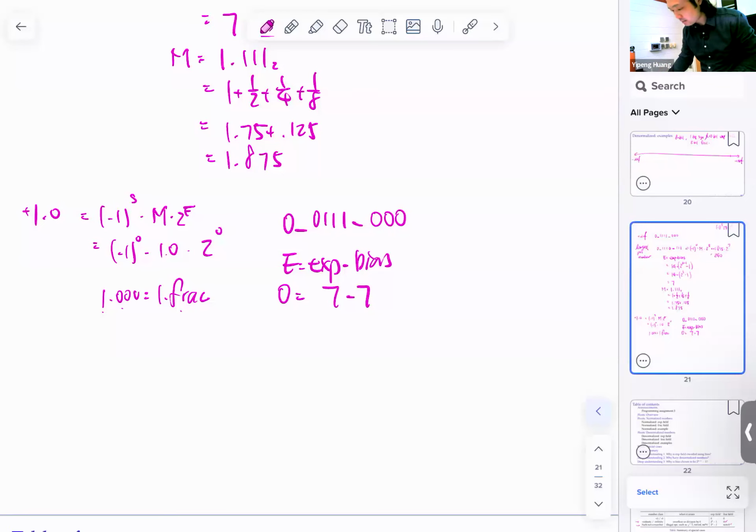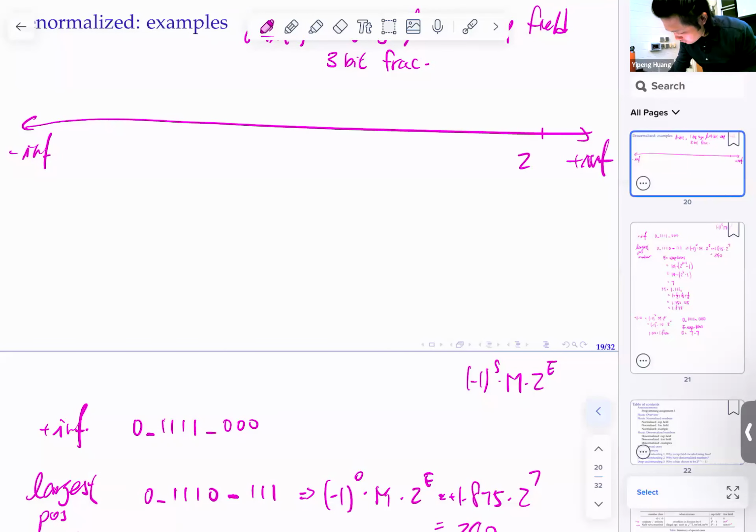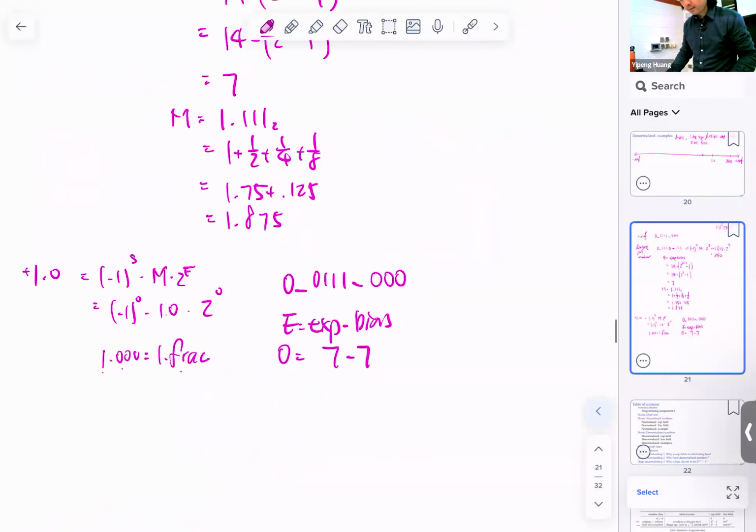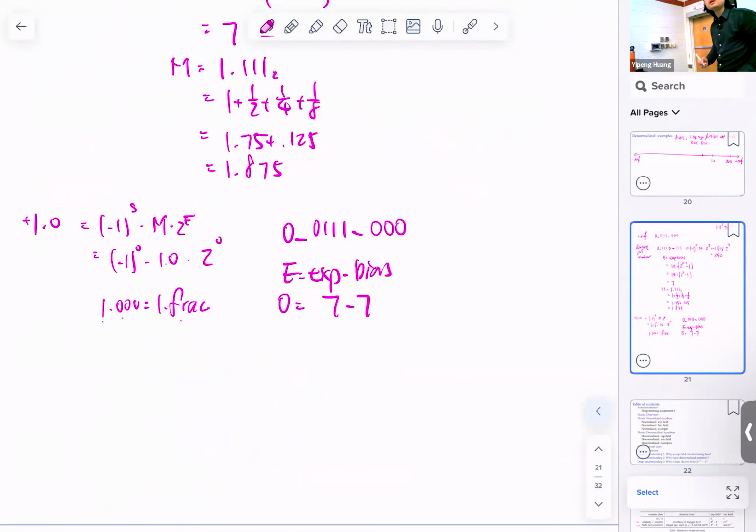What's the next interesting number? We've covered 240, and we've covered 1. Between 1 and 0, there are still several interesting numbers. What is the smallest magnitude normalized number going to be?